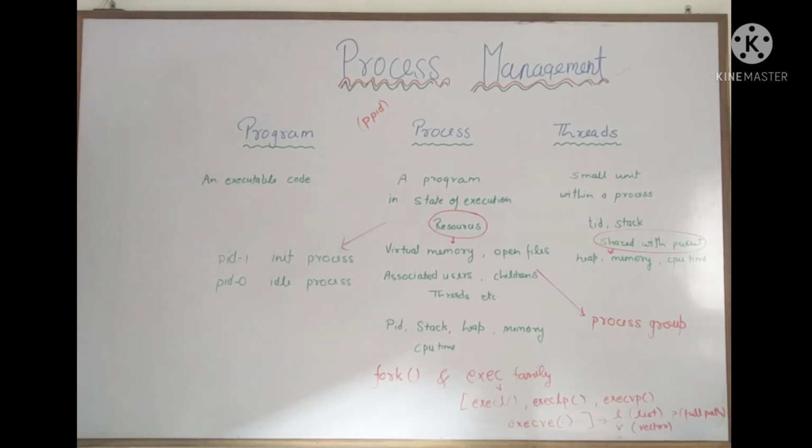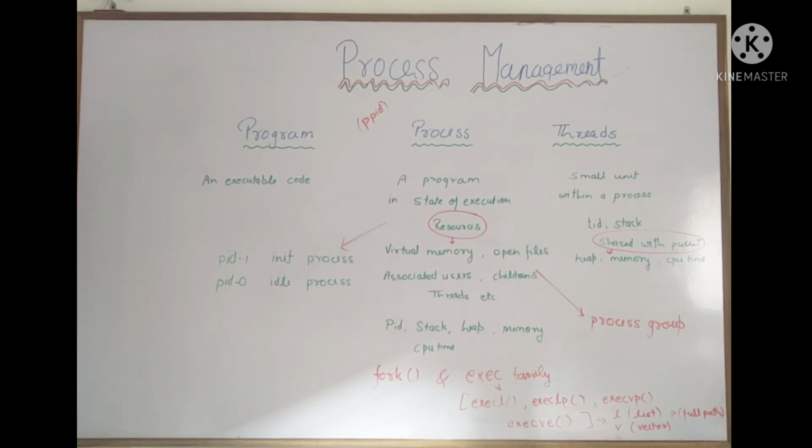Let's understand threads. What are threads? Perhaps you get the idea that a thread is a small unit within a process. Like the process ID, every thread has a thread ID and a local stack. Whenever any small unit runs, it creates a stack that is separate from the parent process.